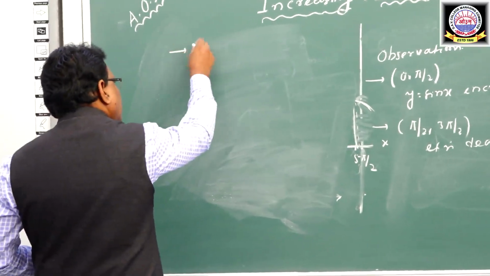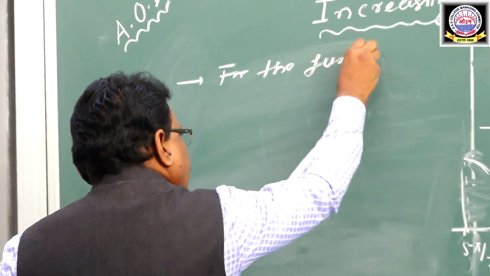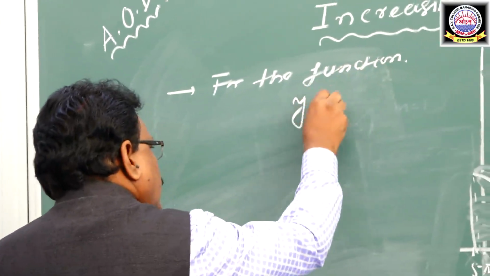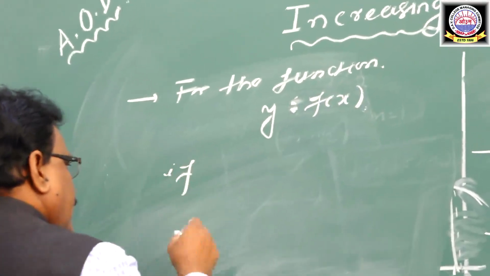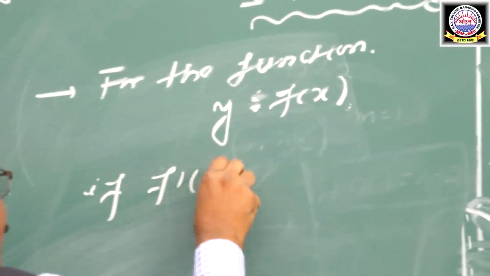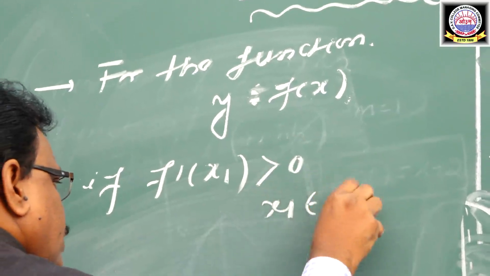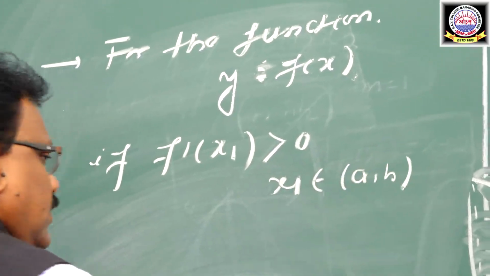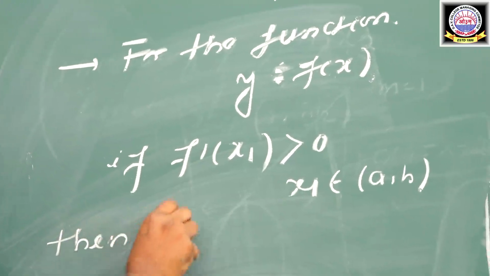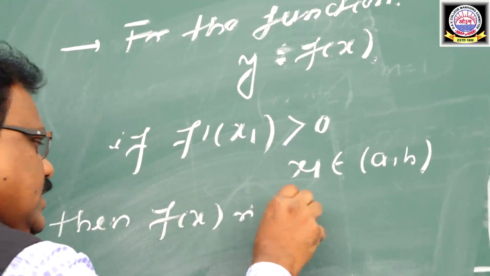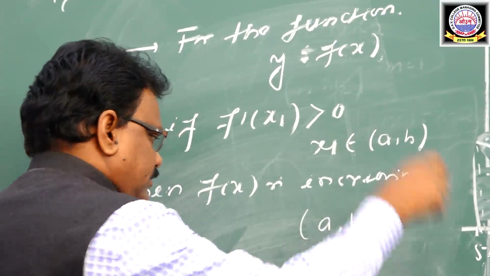So, write down: for the function y is equal to f of x, if f dash x1 greater than 0, where x1 belongs to the interval a comma b, I have taken the open interval, then f of x is increasing in the interval a comma b.